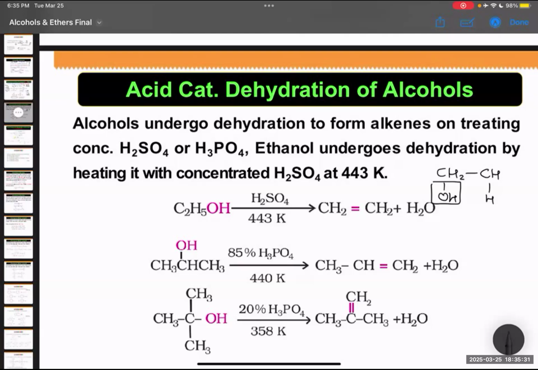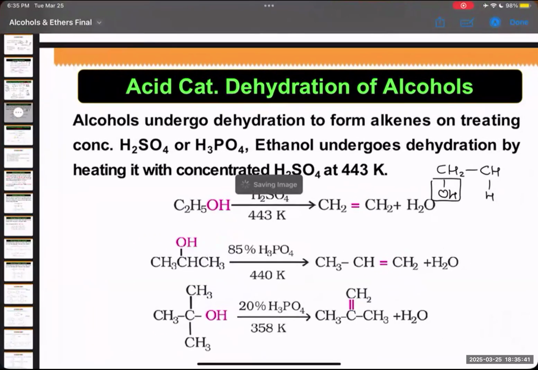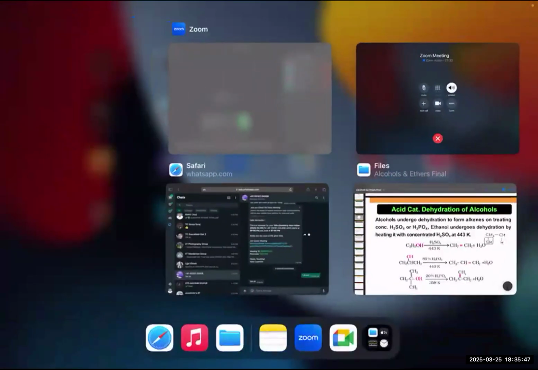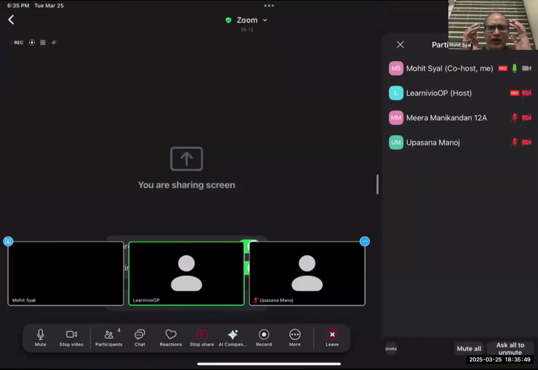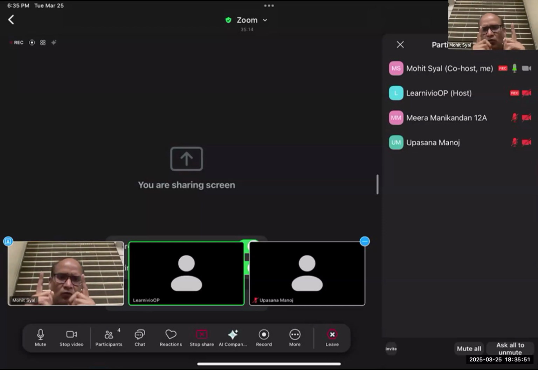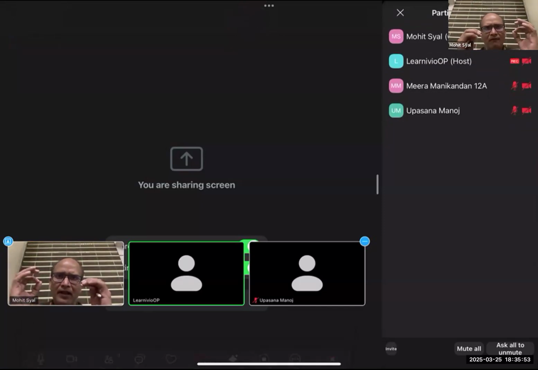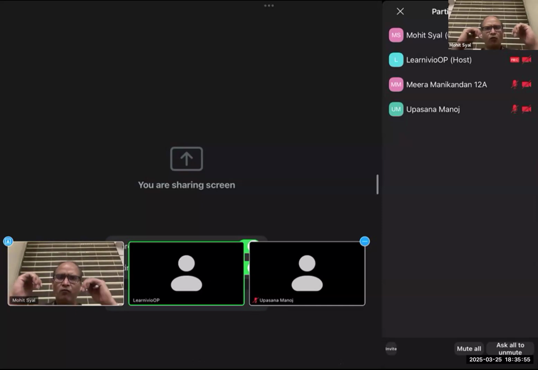Okay. And that is dehydration, acid catalyzed dehydration of alcohol. Very famous reaction. This reaction also leads to the preparation of an alkene. Because if you have OH removed, you can't remove just one group, okay? You need to remove two adjacent groups. What will happen to the valencies of both the carbons?